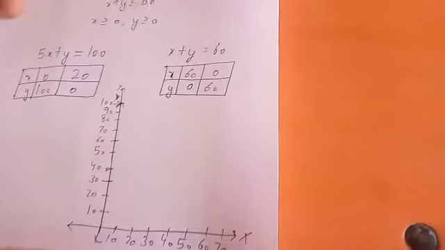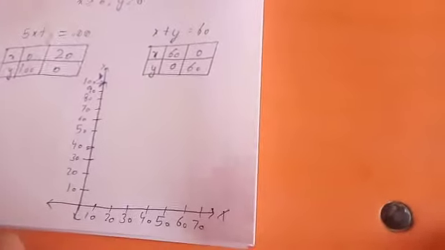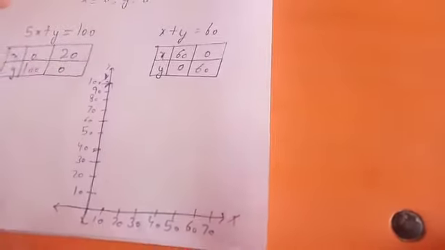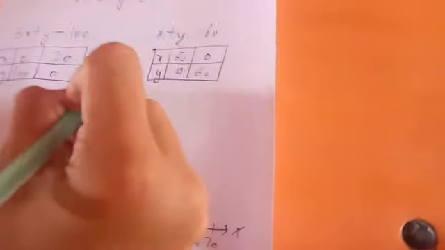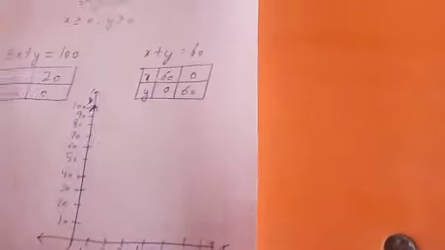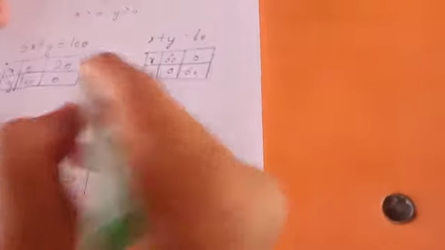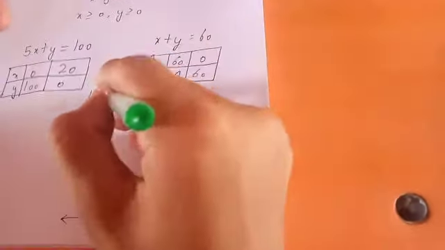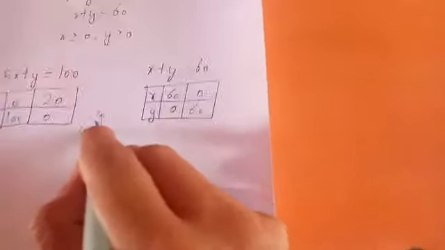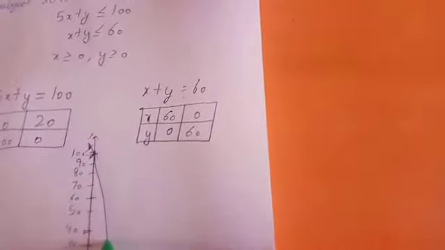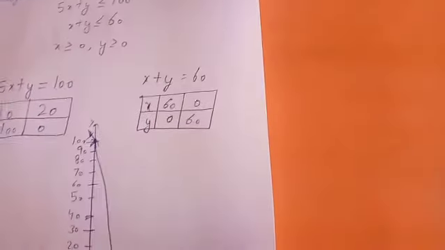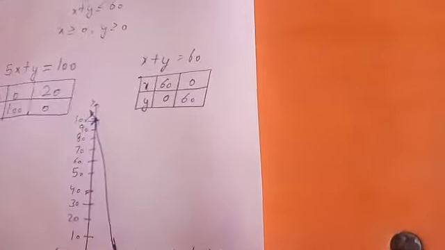Okay. Now we will draw both the lines. First about this. When x is 0, y is 100. So this point. And when y is 0, x is 20. So here. So here we will draw our first line. Using a scale if you draw, it will be fine.